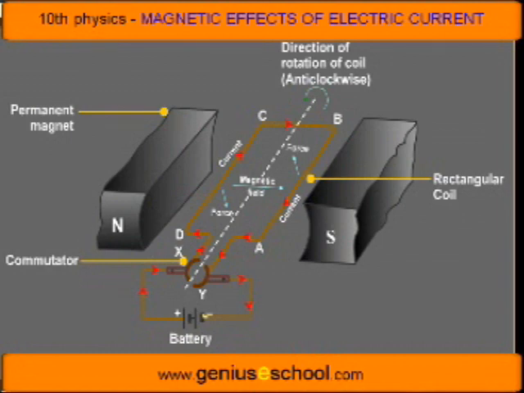To pass electric current to the coil, we use two carbon strips P and Q known as brushes. The carbon brushes P and Q are fixed to the base of the motor and they press slightly against the two half rings of the commutator. The battery supplies current to P and Q through a switch.